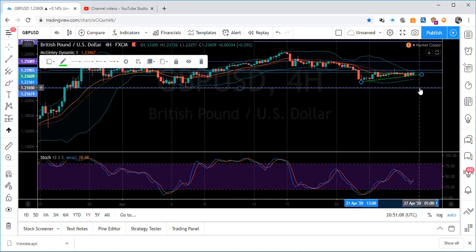At this point, what we're looking out for is any reversal. If you have a reversal around here, I'd say you trade back to this resistance. It will most likely look like being in a range for the pound dollar pair.